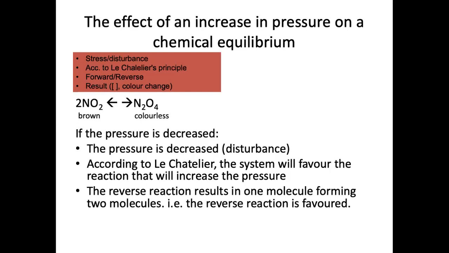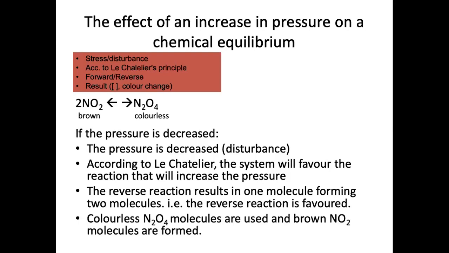The reaction that has more molecules is favored, because more molecules means more collisions with the side of the container, which increases the pressure. And what's the final result? If more NO2 is going to form, what color change is going to take place? The colorless N2O4 molecules are used and brown NO2 molecules are formed. The reaction vessel will turn darker and become brown, right?